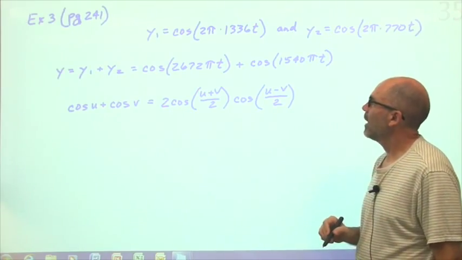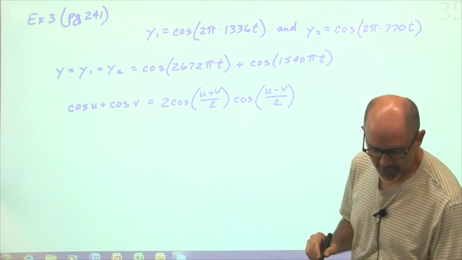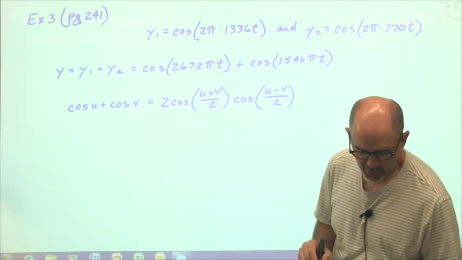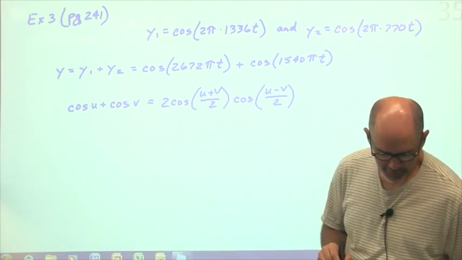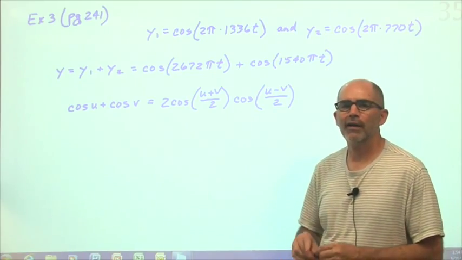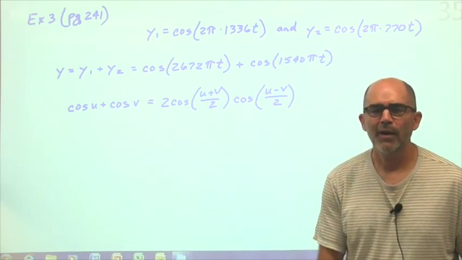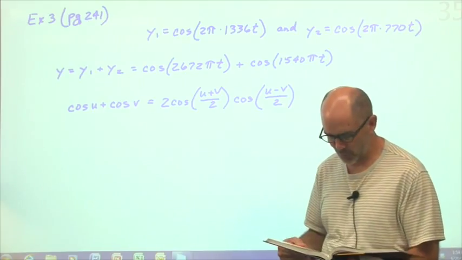Okay, now take a look at page 241, example 3. I didn't want to write all this on the board, and it's a really interesting problem. When you hit a button on a touchpad phone, you get a tone, but it's not just one tone, it's a combination of tones.